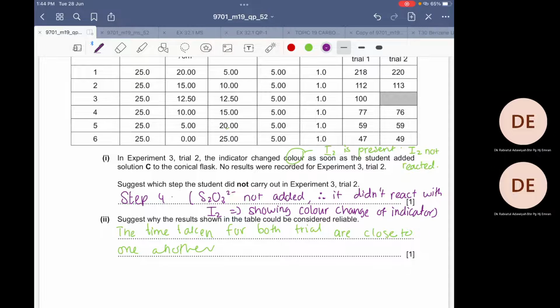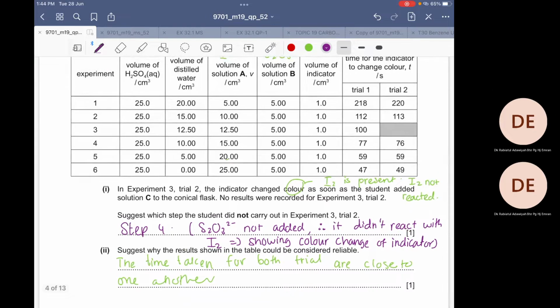Suggest why the results shown in the table could be considered reliable. You can see the time taken for trial 1 and trial 2. Trial 1 and trial 2 just mean a repeat of the experiment. First time doing it, and then you repeat it the second time. You can see that for each experiment, the numbers are quite close to each other.